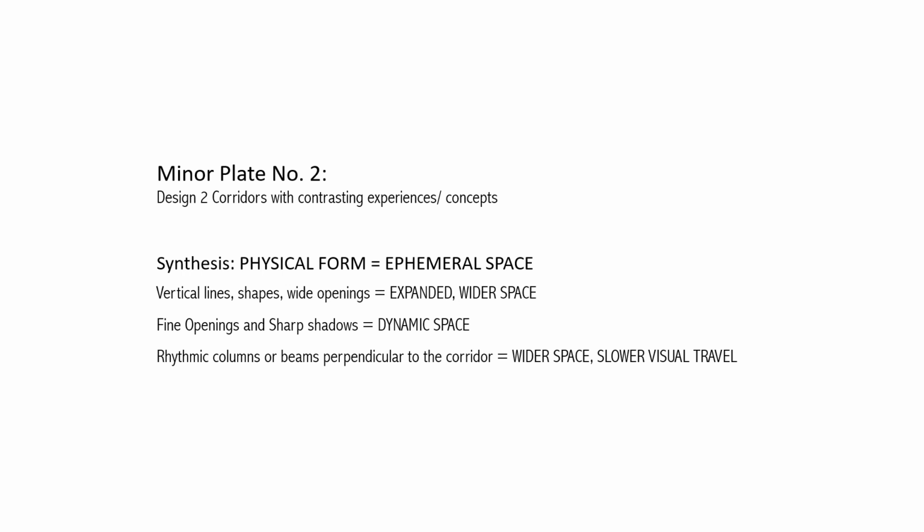Okay, so when we have vertical lines, when we have shapes, when we have wide openings, we expand the space, we widen the space. When we have fine openings and sharp shadows, and with texture and color, we create a dynamic space. And with rhythmic columns or beams perpendicular to the corridor, again, we widen the space, and then we decrease the speed of the visual travel and decrease the tunnel effect.